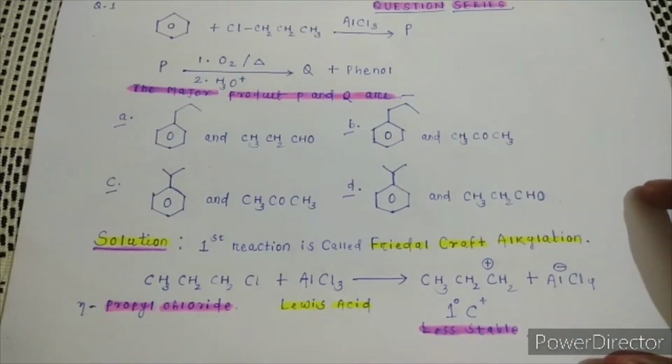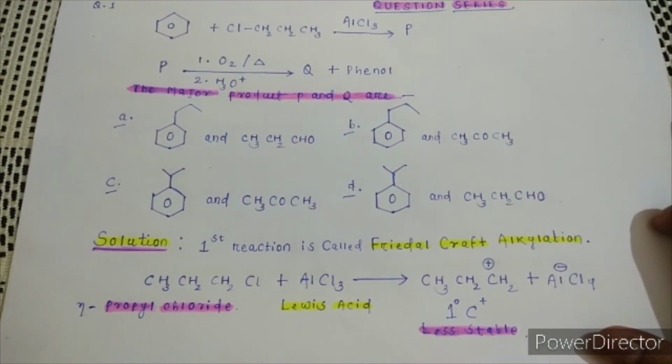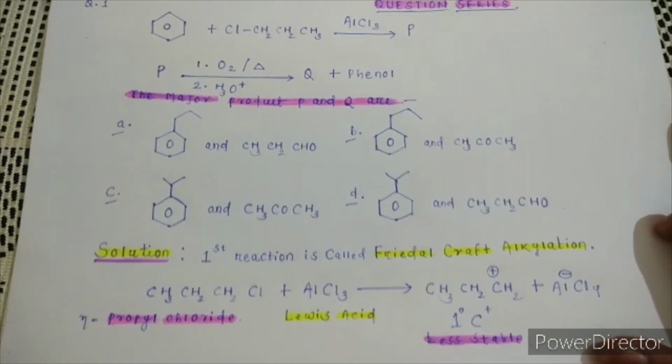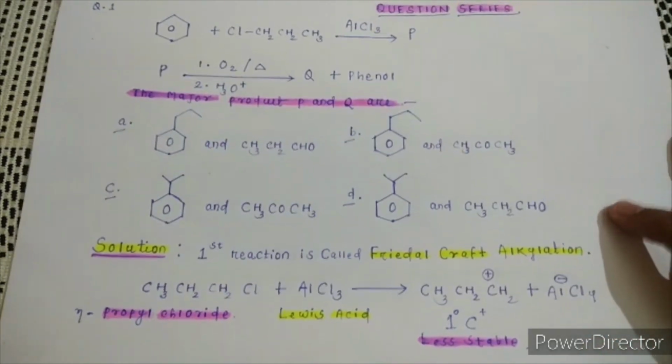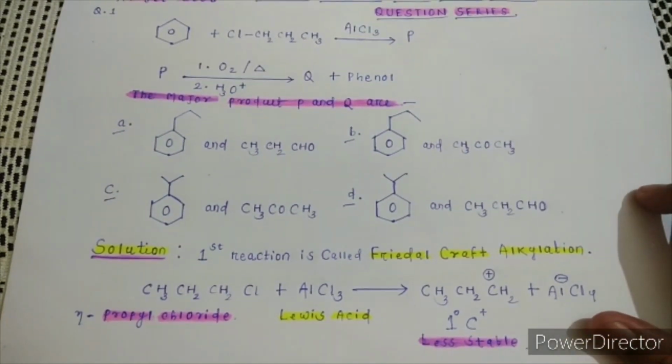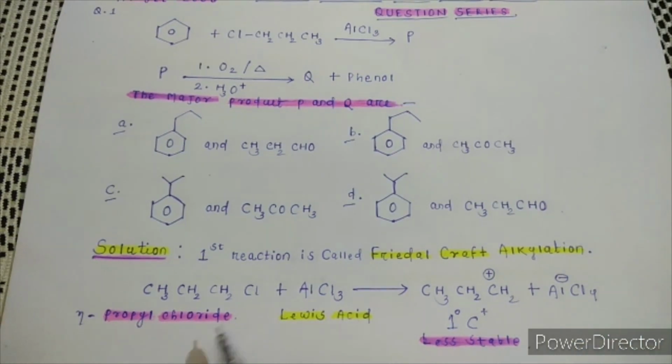You see, the first step is called Friedel-Crafts alkylation reaction. In Friedel-Crafts alkylation, alkyl halide reacts with a Lewis acid to form a carbocation. So here also, n-propyl chloride reacts with the Lewis acid AlCl3.